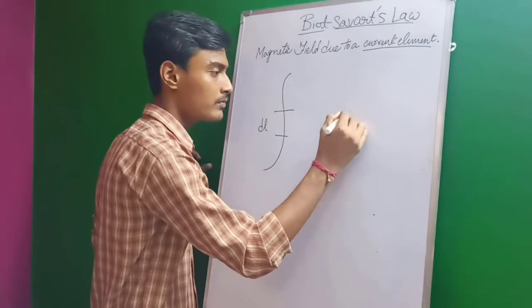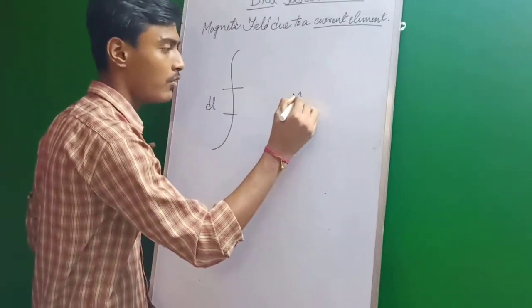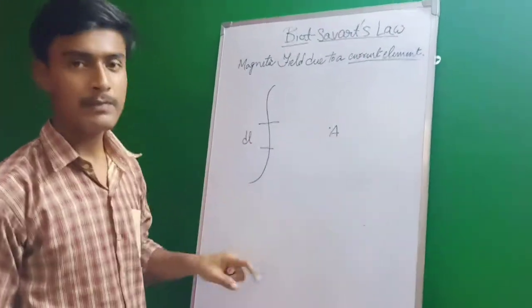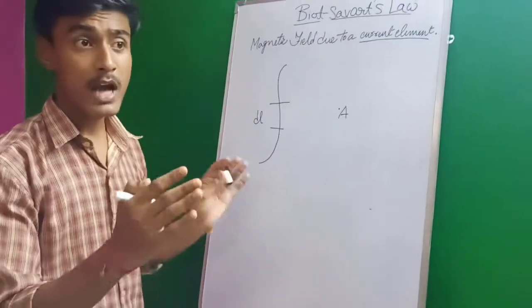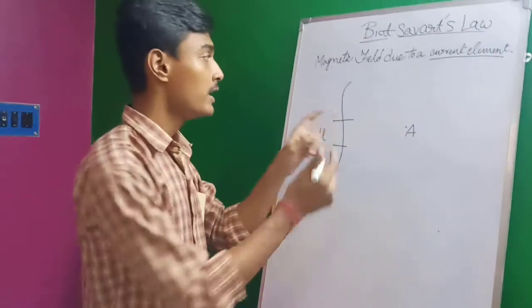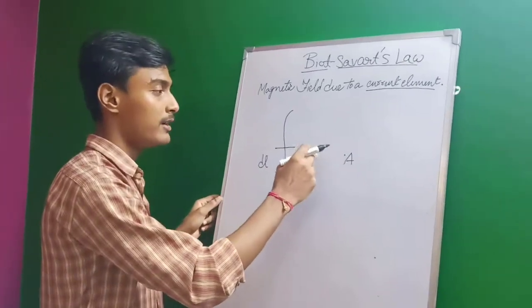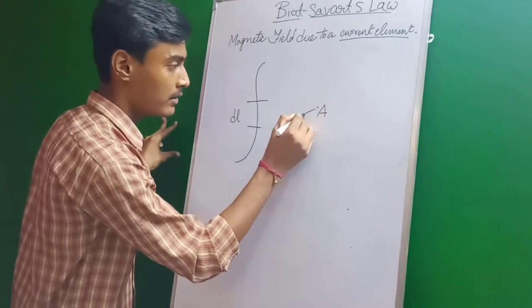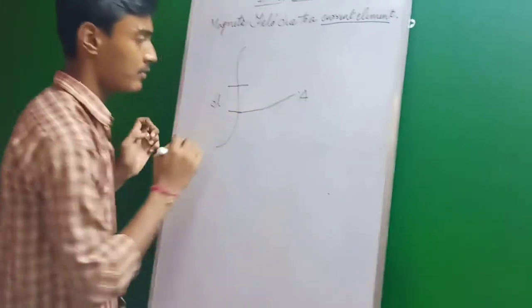From this wire, at any arbitrary point A, I am going to calculate the magnetic field produced by this wire. That is how we will find the magnetic field at this point. Now from here I will draw one line.